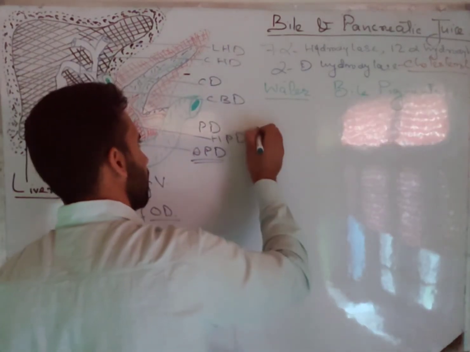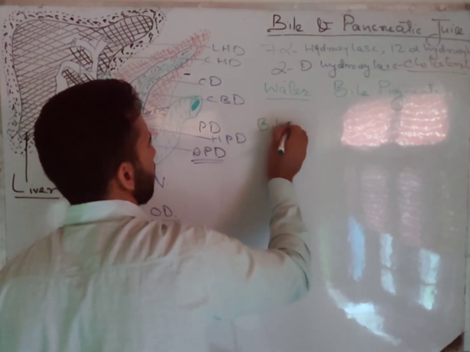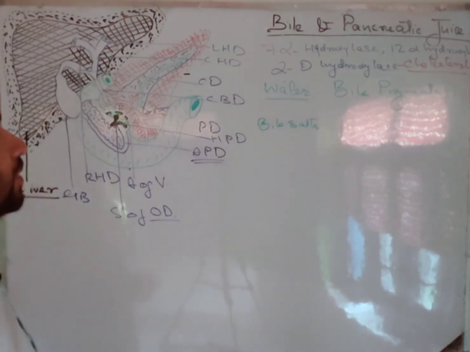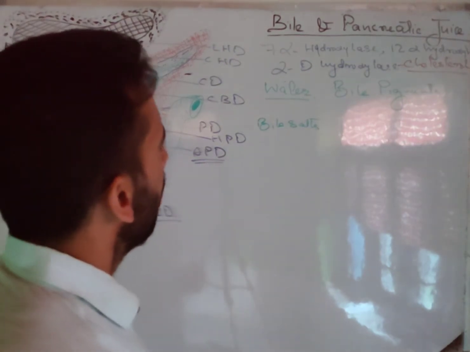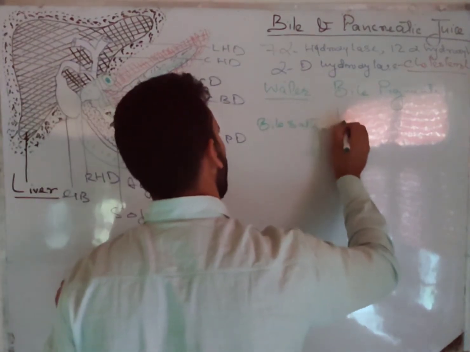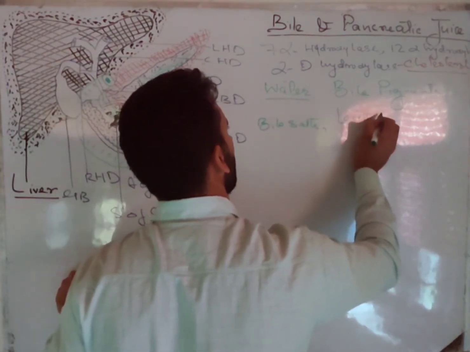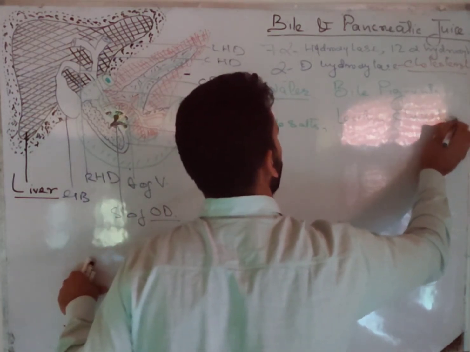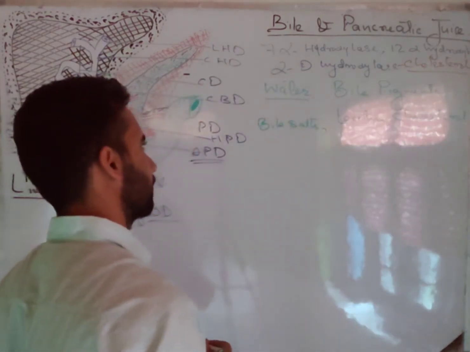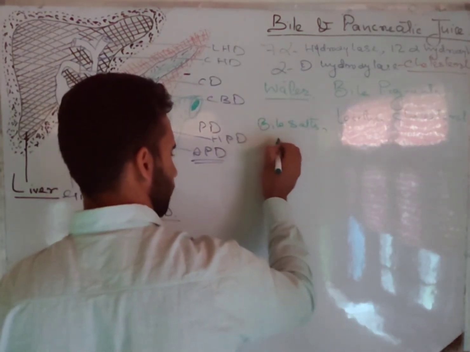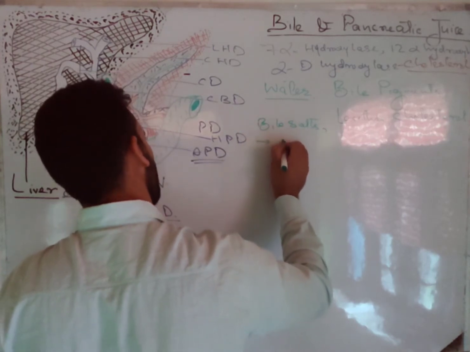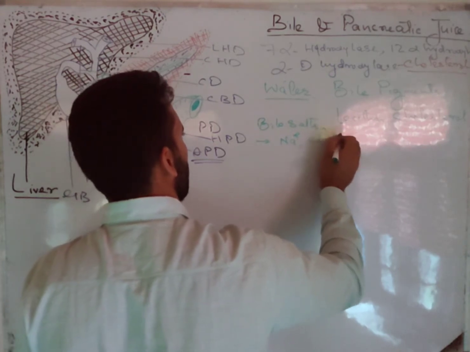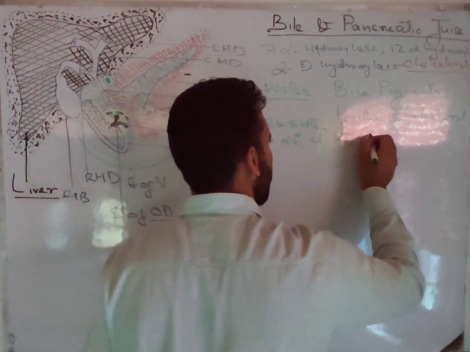It will also consist of bile salts, and besides that, the bile will also consist of lecithin, cholesterol, and sodium, a little bit of chlorine, potassium, calcium.